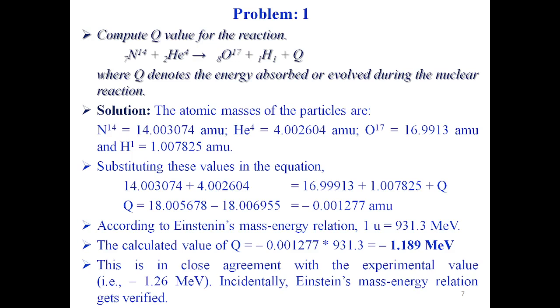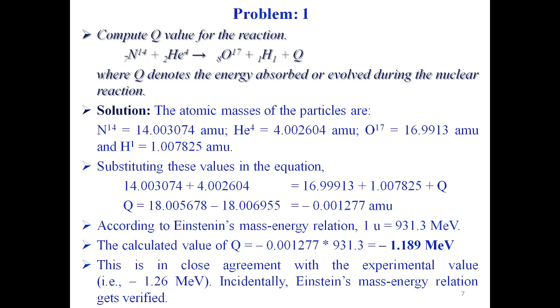So this is minus 0.001277 atomic mass unit. According to Einstein's mass energy relation, one atomic mass unit is equal to 931.3 million electron volt. Let us multiply this mass difference with this factor. So we get the Q value, minus 1.189 million electron volt.